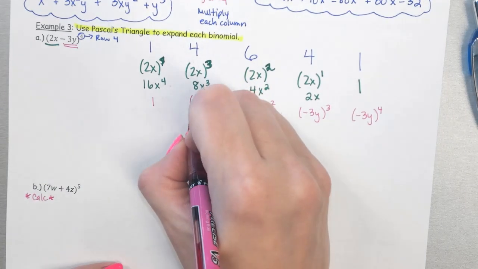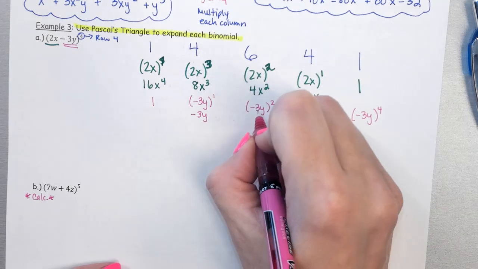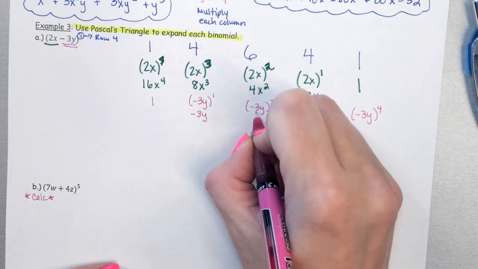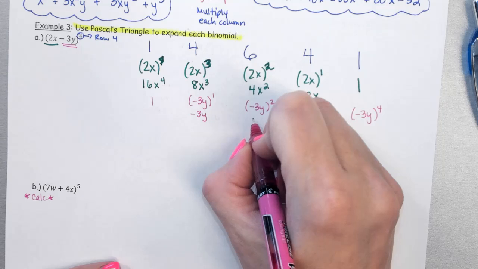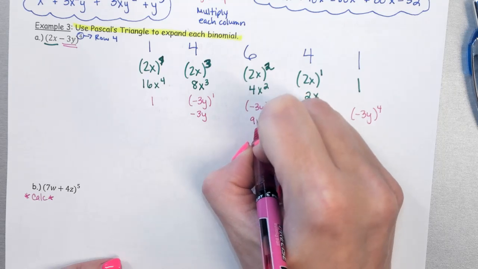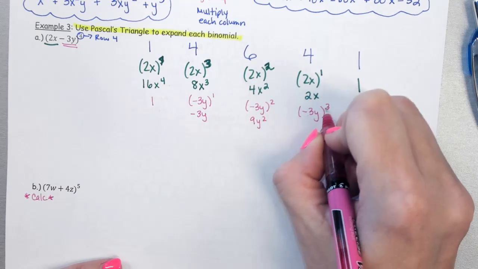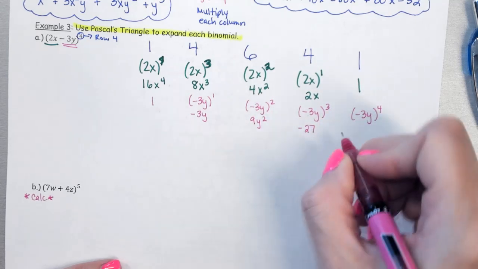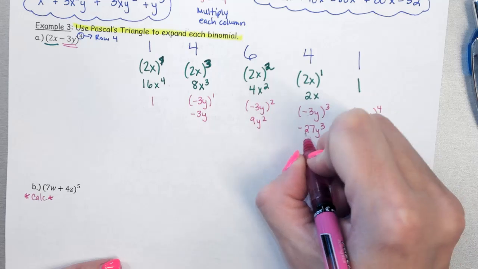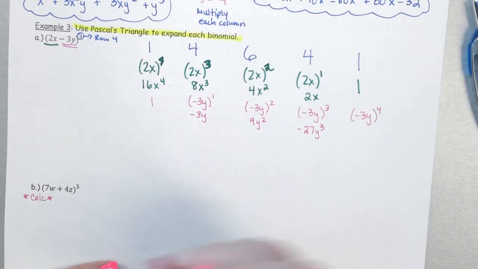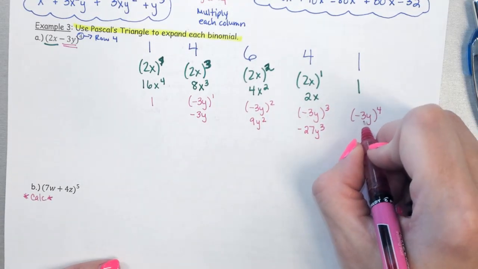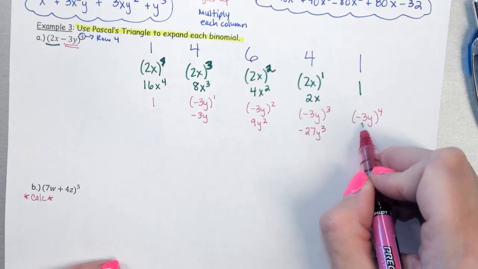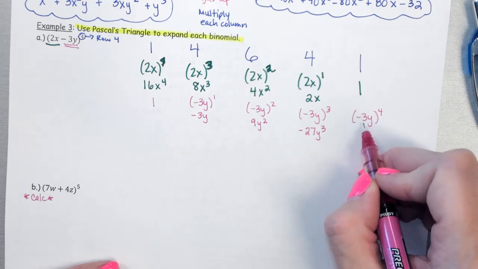All right, so to the first power is just negative 3y. When you square a negative, negative 3 times negative 3 is what? 9. So this is 9y squared. If it's odd, you should have a negative. 9 times negative 3 is negative 27. With this one, if it's negative 3 to the 4th, what's negative 3 squared? 9.